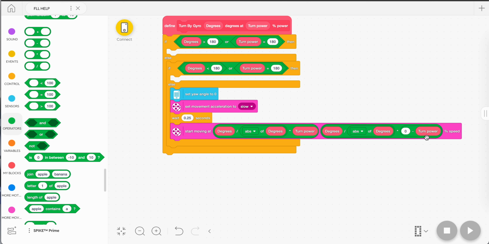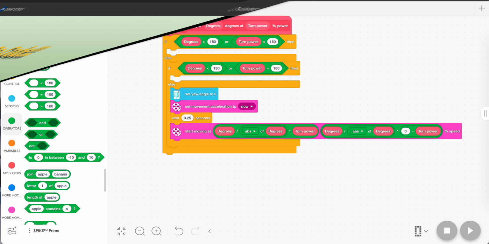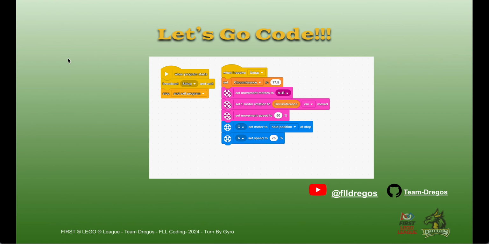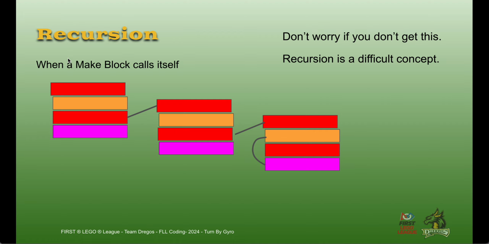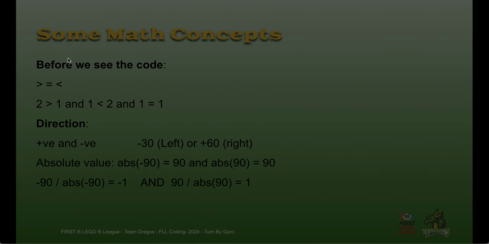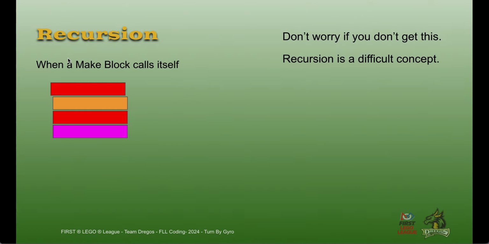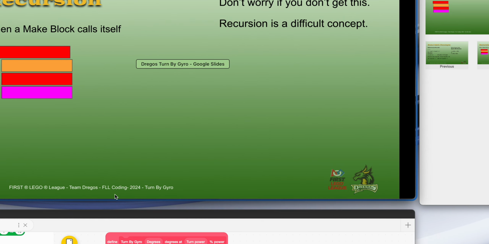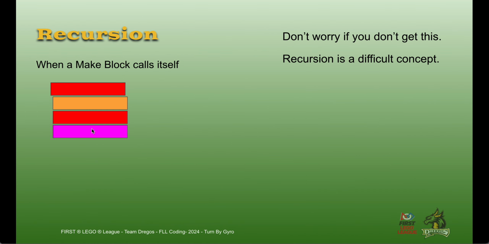There you go. So, what we have done right here is, if we go back to our slideshow, let me just pull it up real quick. What we just made is this pink stuff here.